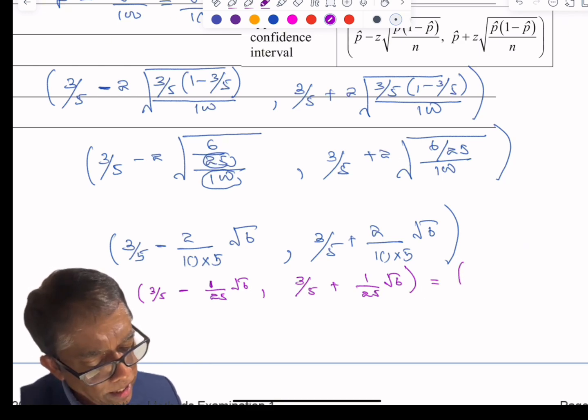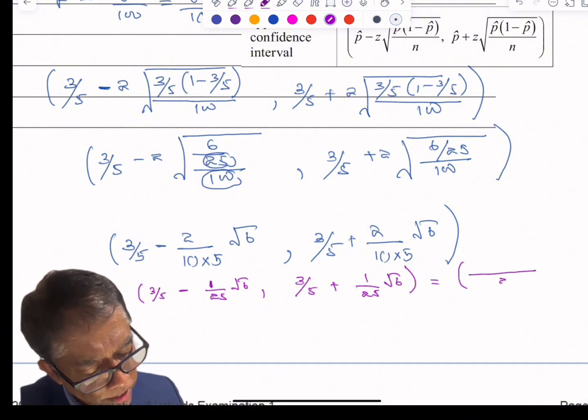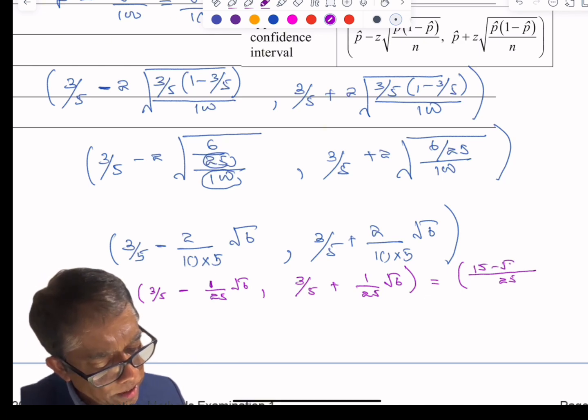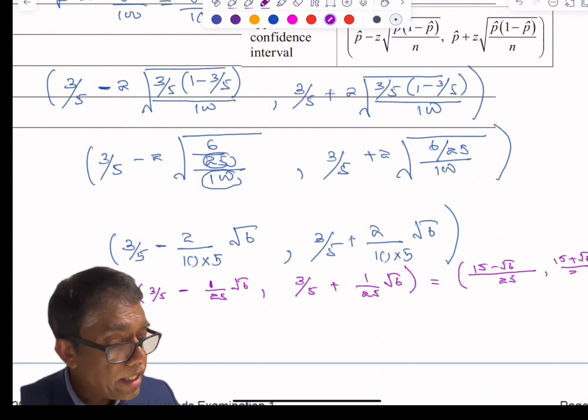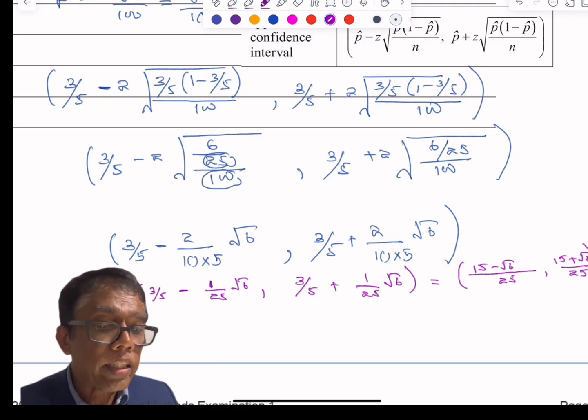Now it can be written with 25 as the common denominator: (15 minus square root of 6, 15 plus square root of 6) divided by 25. Okay, this is the required confidence interval.